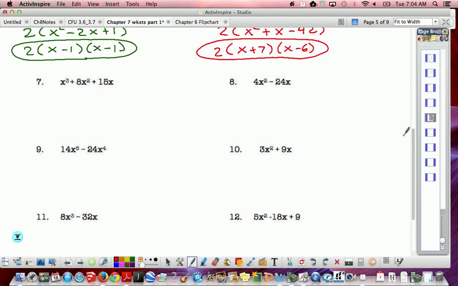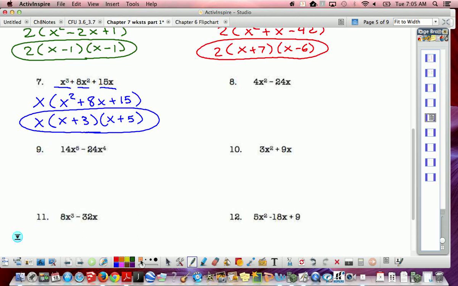Number 7. Ooh, we got a cubic. Notice how they all at least share an x. So I have an x on the outside, x squared plus 8x plus 15. Trinomial. Are there factors of 15 that add to 8? And there is. 3 times 5 is 15. 3 plus 5 is 8.